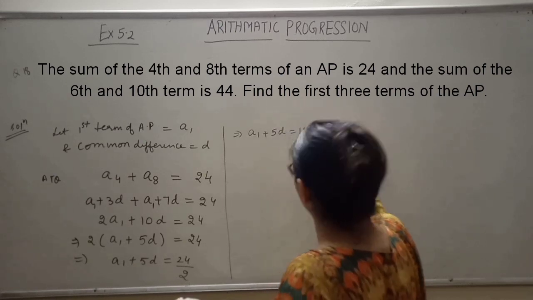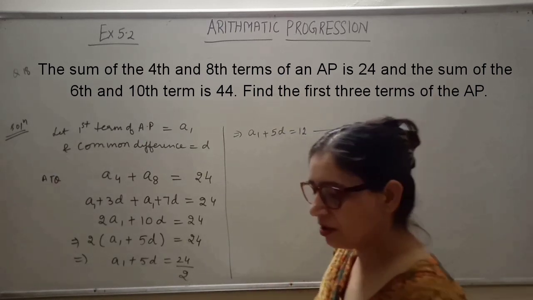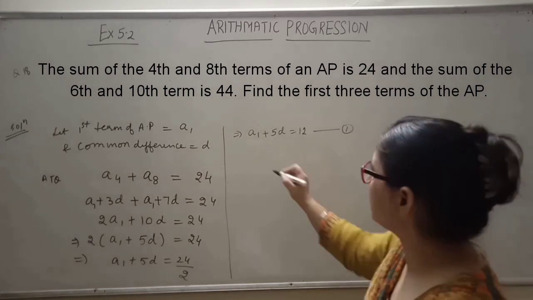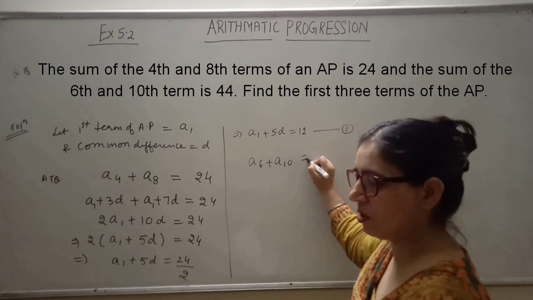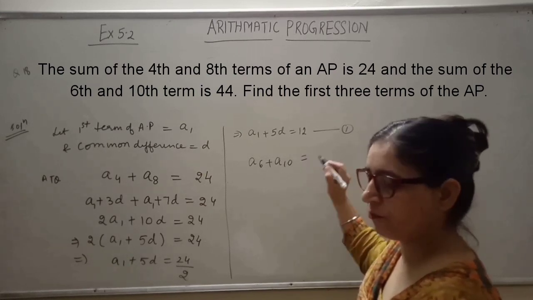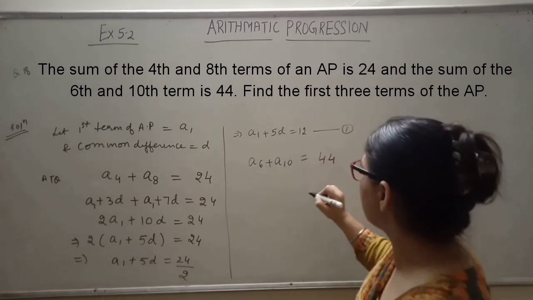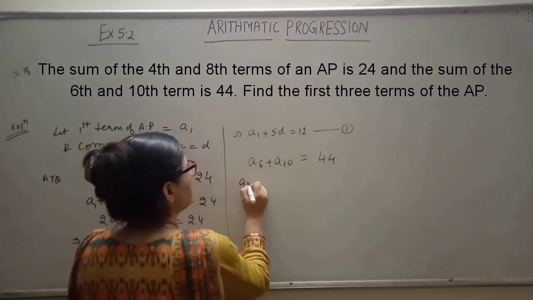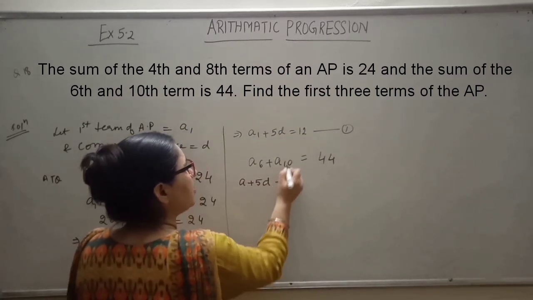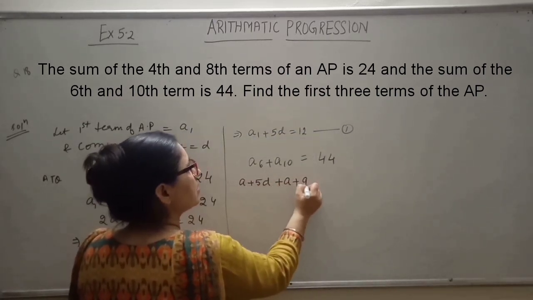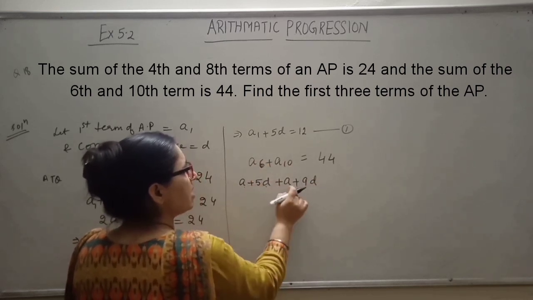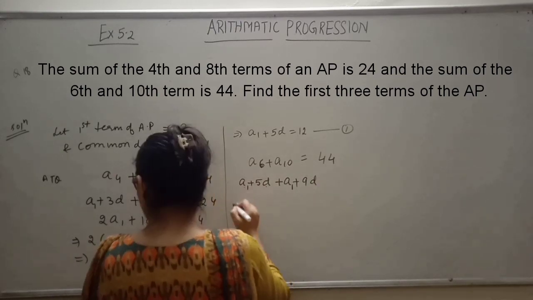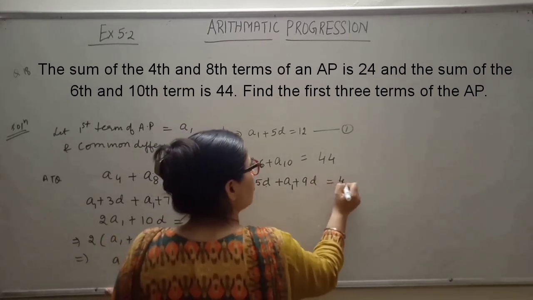This is number 1. According to the second condition, the sum of the 6th and 10th term is 44. Now 6th means A plus 5D, and 10th means A plus 9D, with A1 because we have used A1 here.